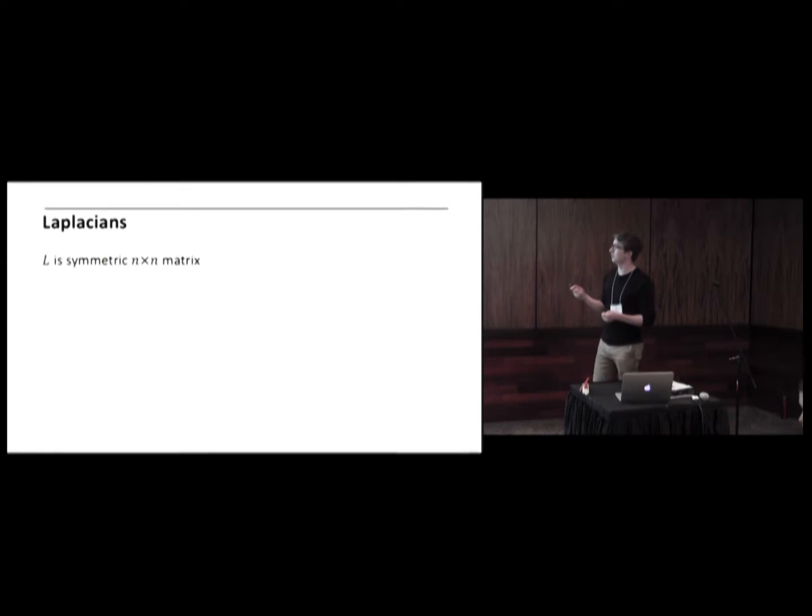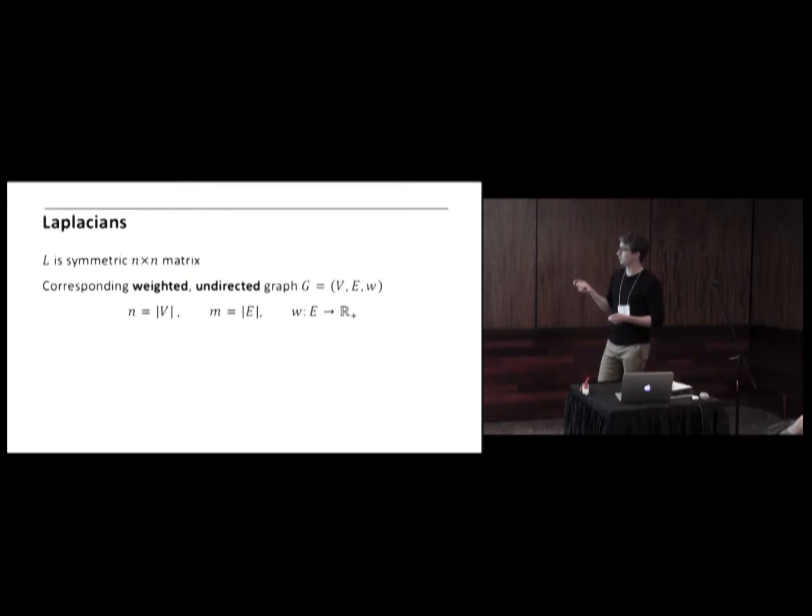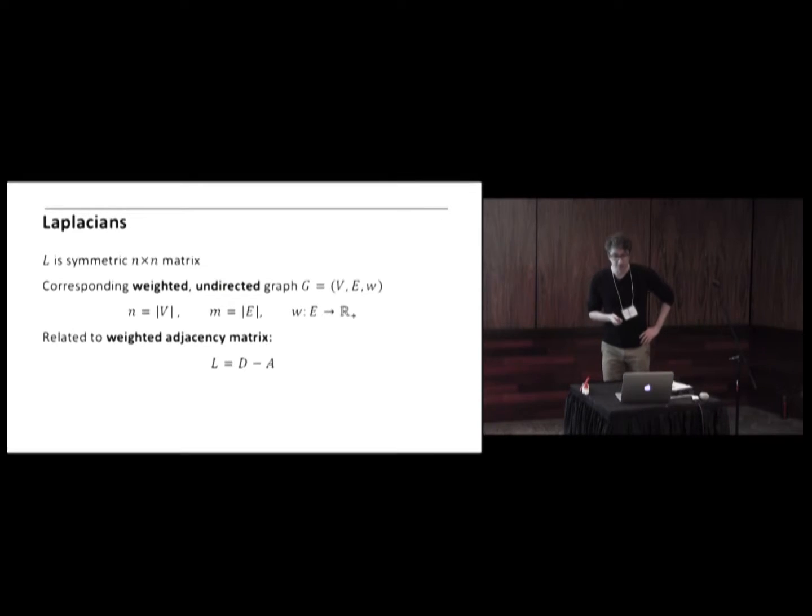So it's a symmetric n by n matrix. It corresponds to this weighted undirected graph G with vertices V, edges E, and edge weights w. We'll say that there are n vertices, m edges, and w assigns a positive weight to every edge. We can then also think of the Laplacian as related to the weighted adjacency matrix of the graph.